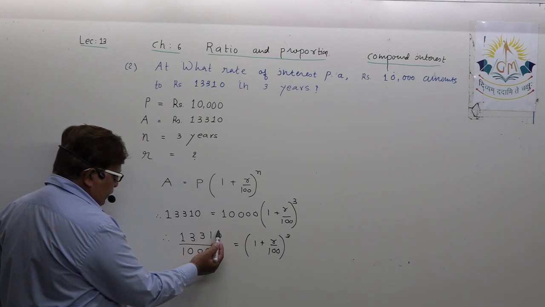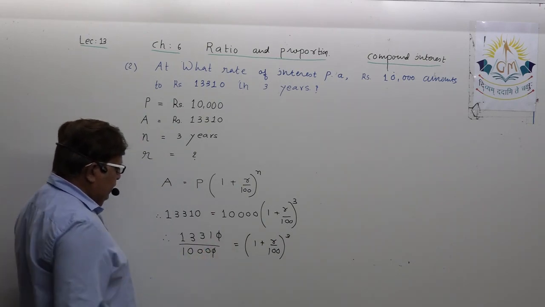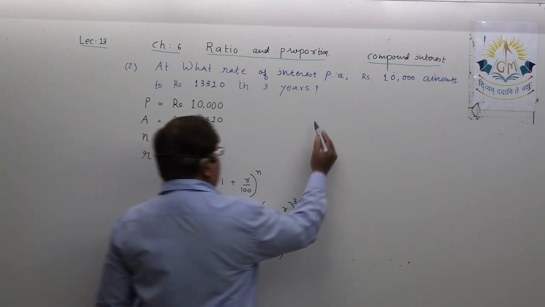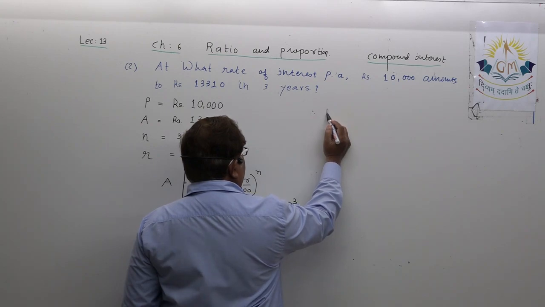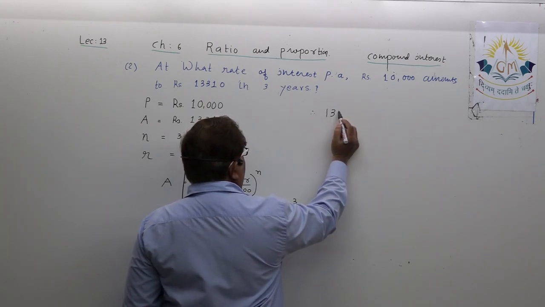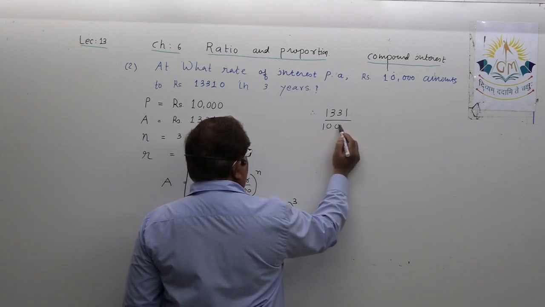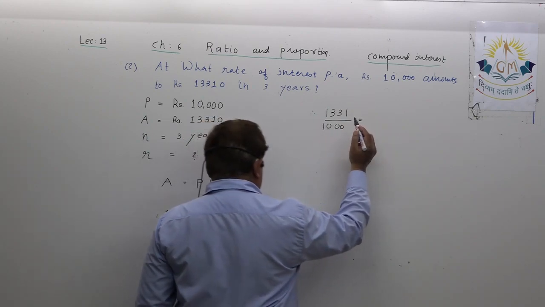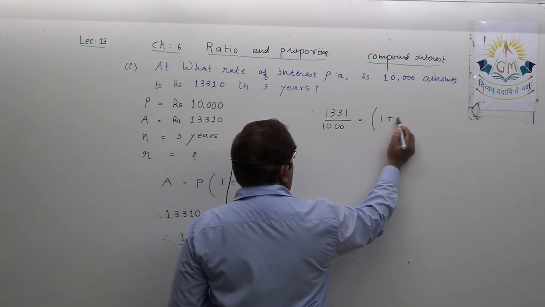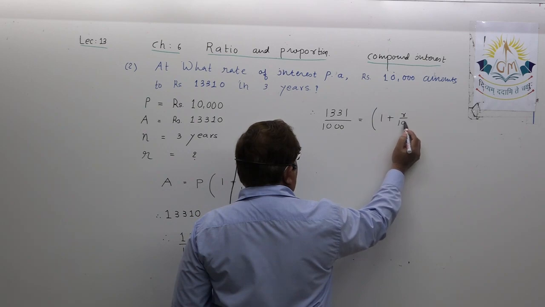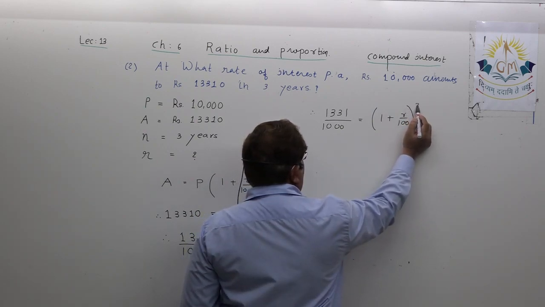One 0 is getting cancelled here. Rest of the cancellation doesn't seem possible. So you just write 1331 upon 1000 equals 1 plus r upon 100 raised to the power of 3.